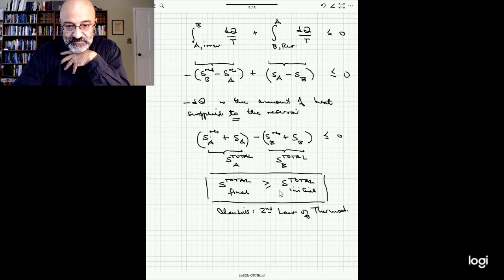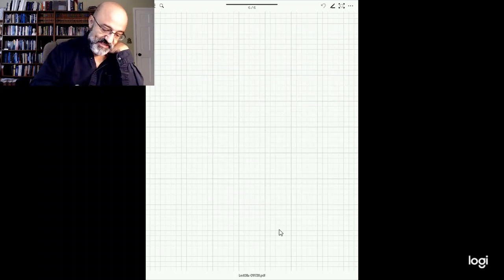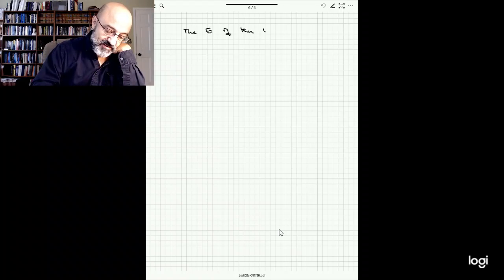Quite remarkable. Let's talk a little bit about it. First thing, this is what allowed Clausius to make these amazing statements. The energy of the universe is constant.